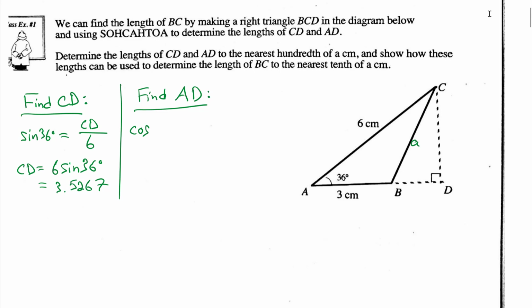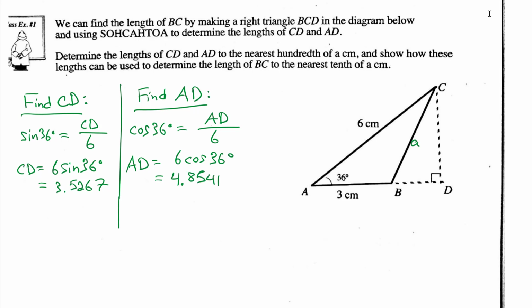The cosine of 36 is going to equal AD over the hypotenuse of the big triangle, which is 6. So again, multiplying both sides by 6, I'm going to get that AD is equal to 6 cosine of 36. And that's going to give me 4.8541.